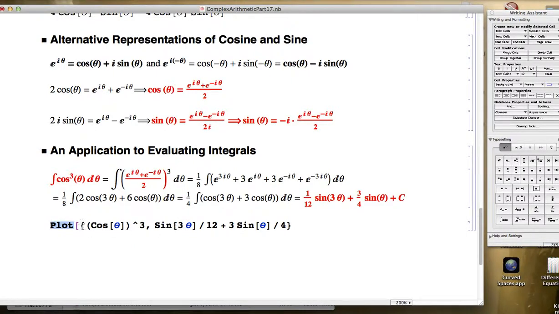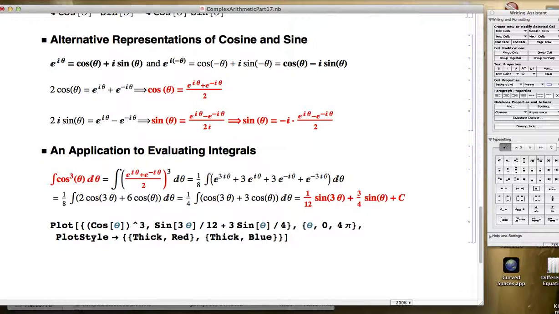I'm putting 2 functions inside curly braces separated by a comma. I'm trying to see if one function is the derivative of the other. It might be nice to color code them so that we can tell which one is which. Let's make the original function we were integrating red, and the new function, the antiderivative, let's make that blue.